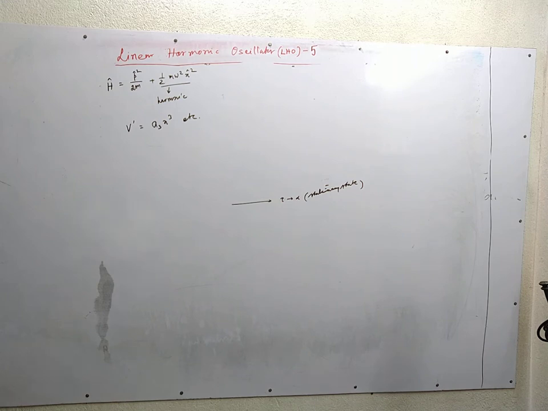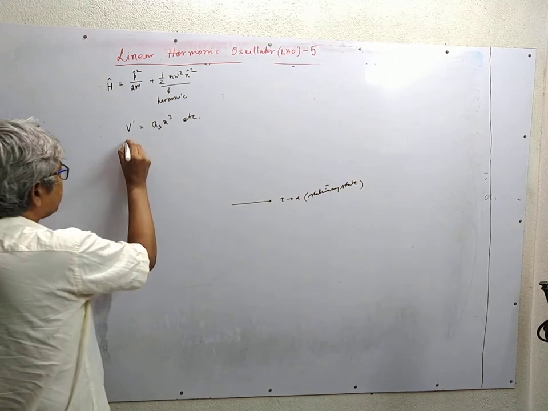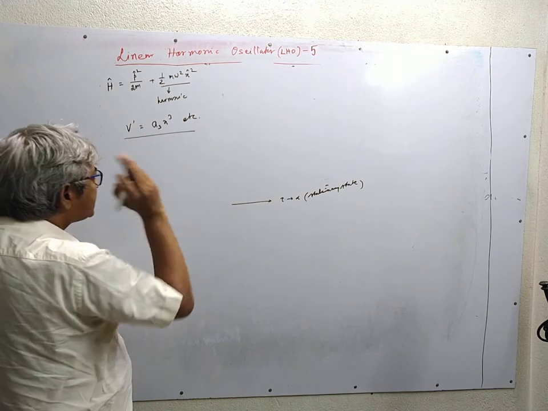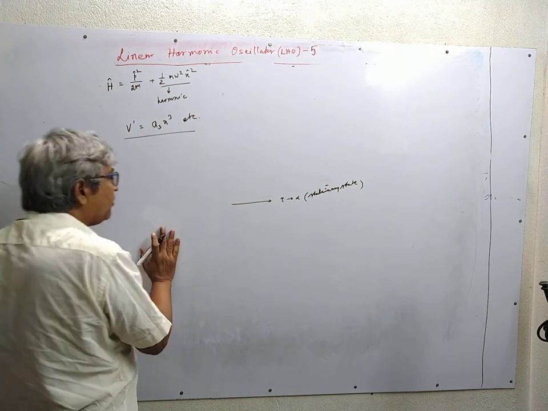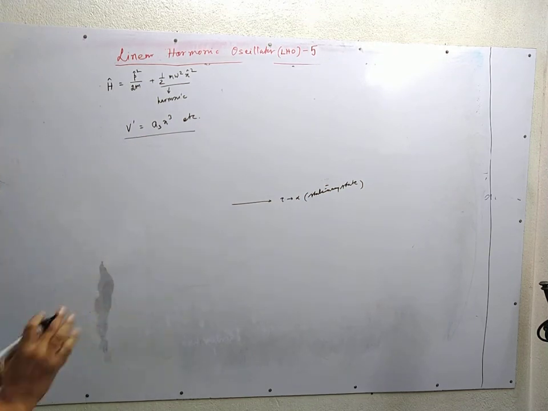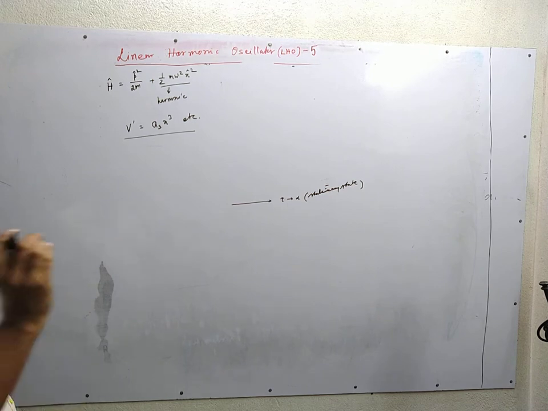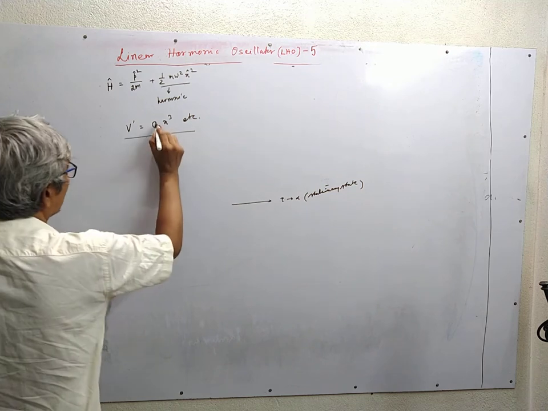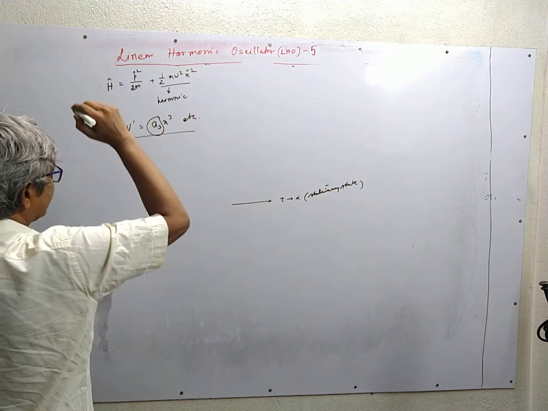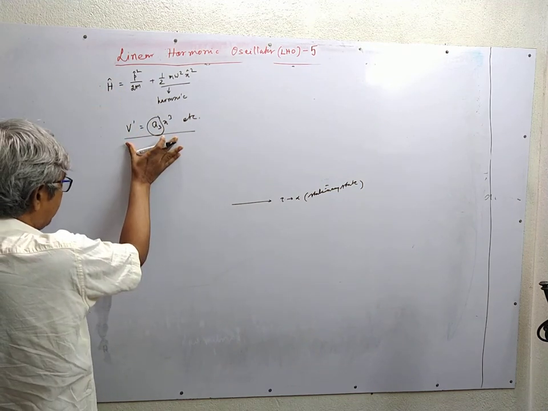But if you apply such potential, then the system is no more purely harmonic. It shifts a bit from the harmonic model. How much will shift? It depends on the strength or the expectation value of V prime.